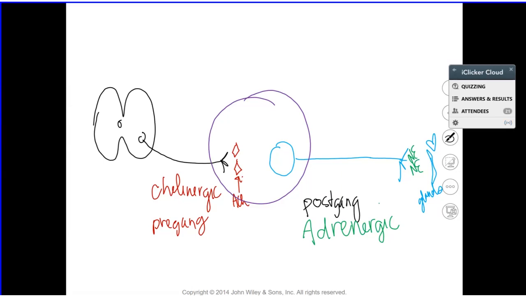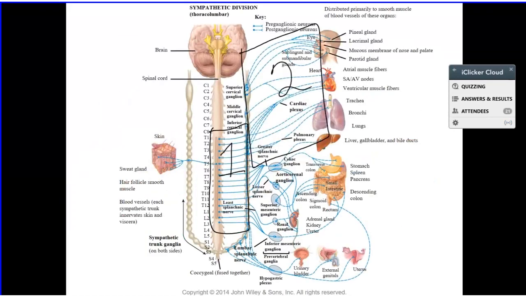This is called the chain ganglia. Where do you wear chains? Around your neck. Okay. So on both sides of your spinal cord, you will see chains.